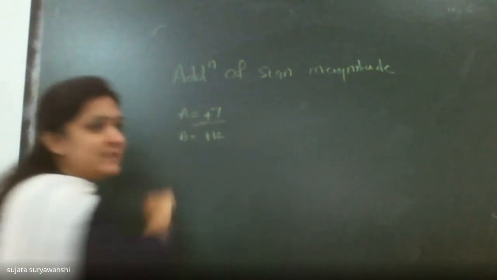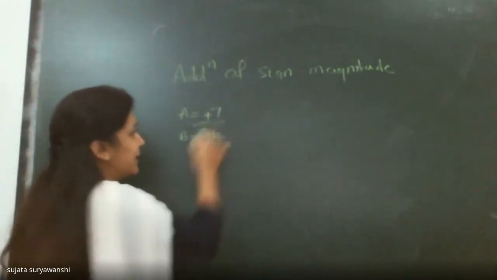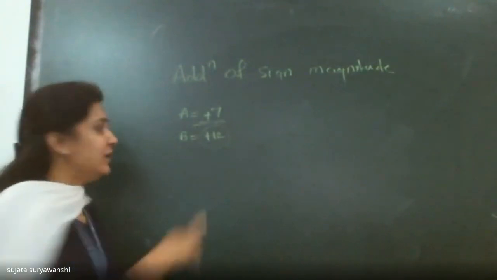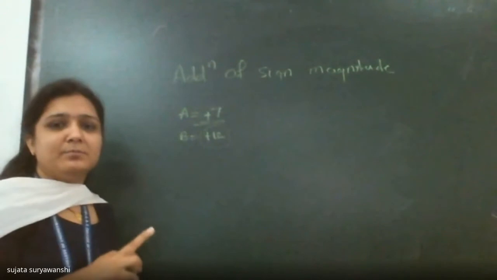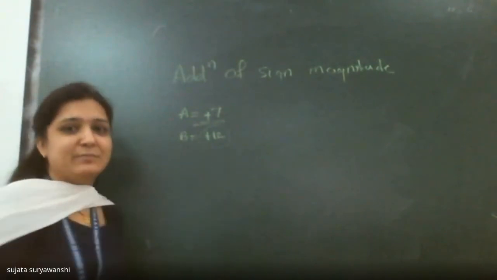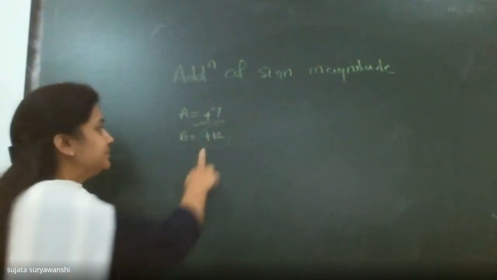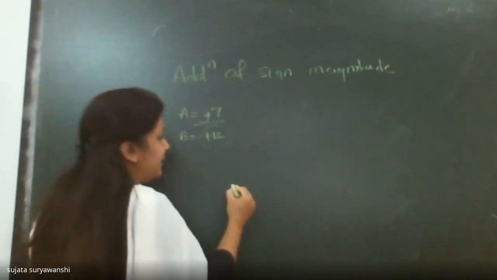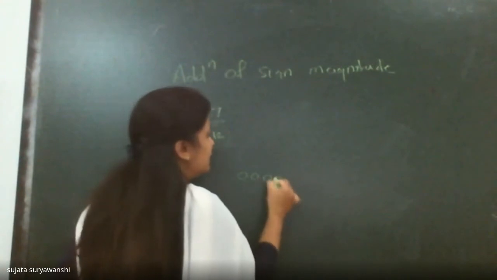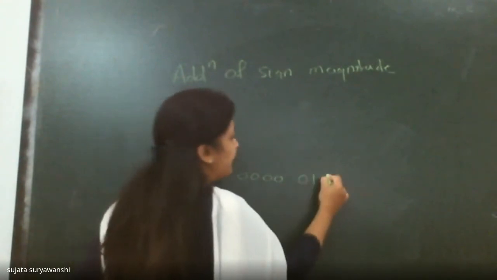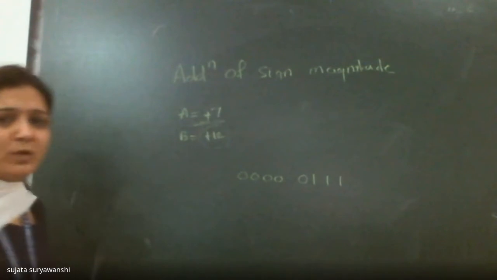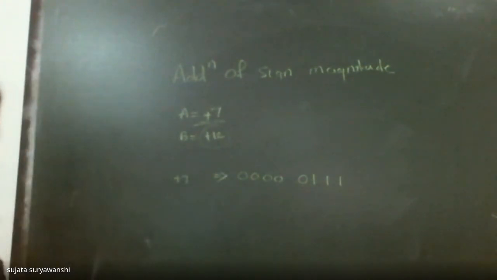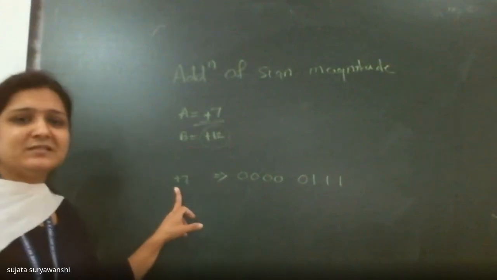We represent it in 8-bit numbers, because the second number, 12, does not fit in a 4-bit number, as we have to reserve the MSB for the sign bit. So here we have to use an 8-bit number. 7 can be represented by 0000 0111. This is the 8-bit binary equivalent of plus 7.